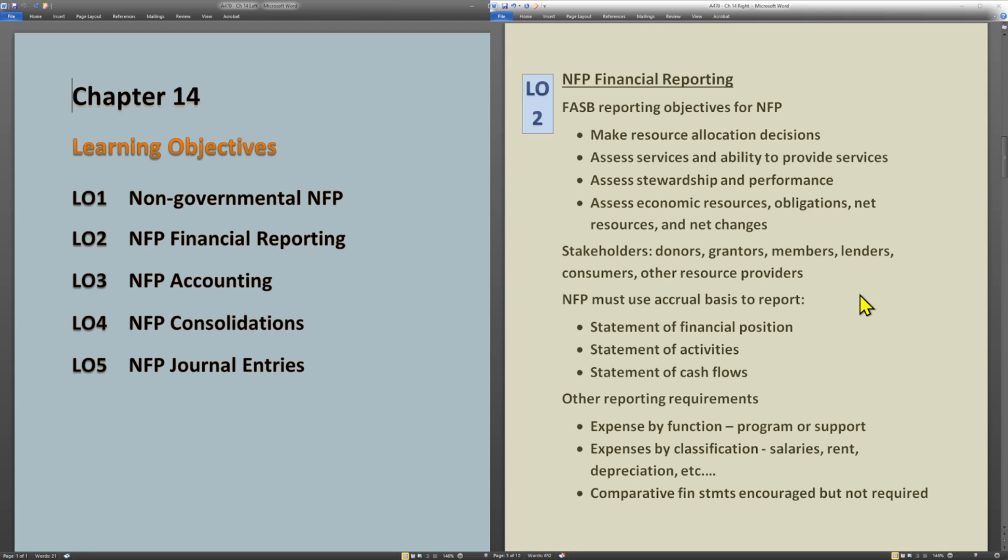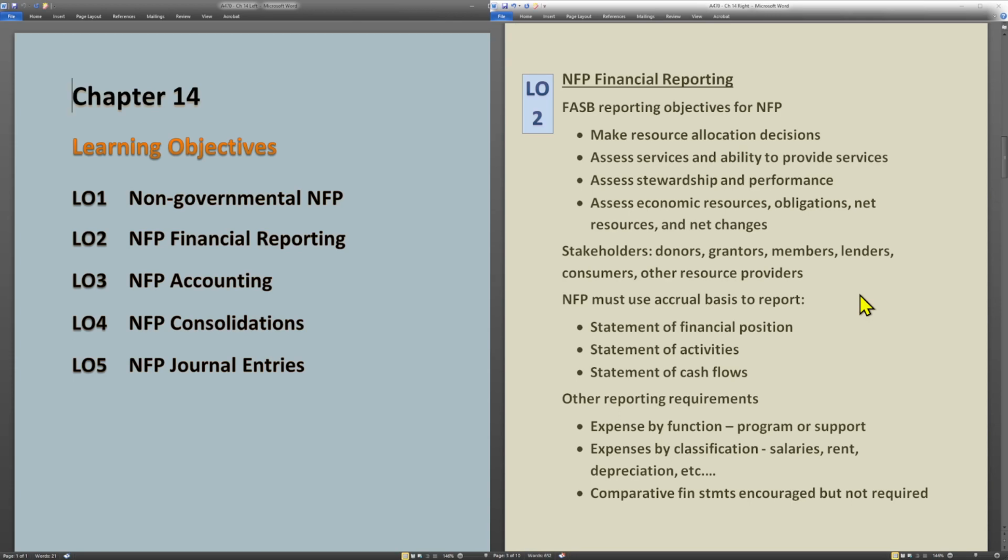Part of the funds that you receive and that you spend are in support of the actual organization. So you have to have employees, you have a certain amount of expenses running the organization, independent of providing the actual services. And one of the big categories in support is fundraising, right?